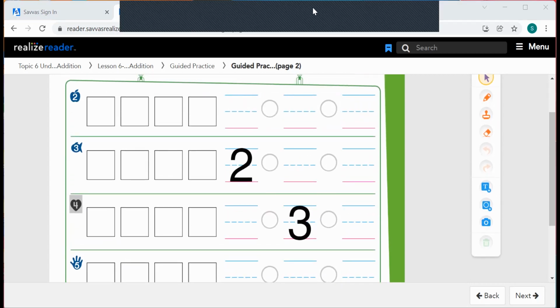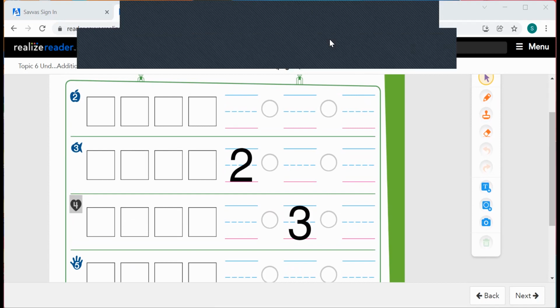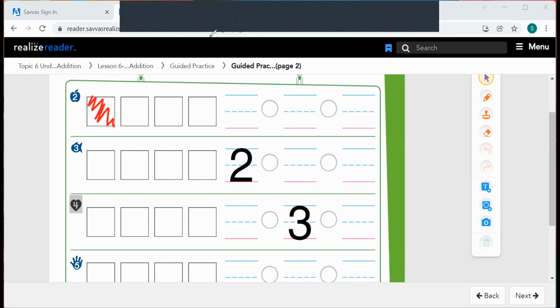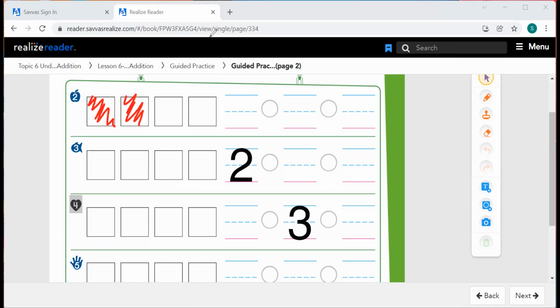So the next one would be, I'm going to color in with red. You can use any color you want. Remember, number 1, we had 4 boxes colored in. So now we are going to color in 1, 2, 3.